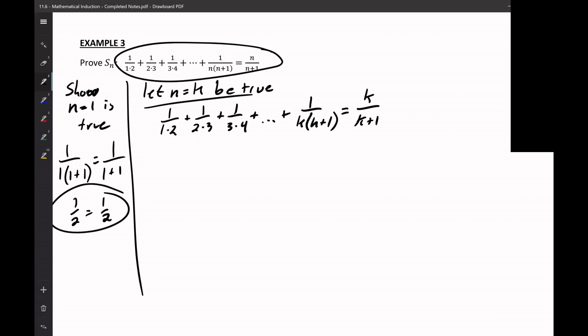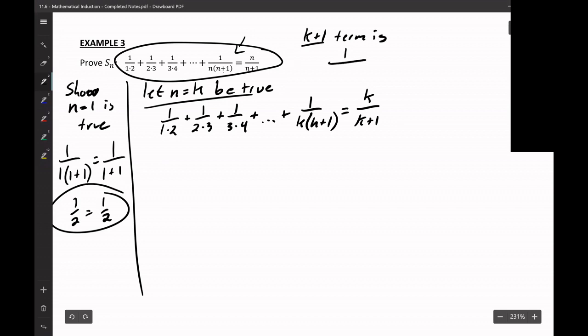Now what we do is we go through and say, if that's true, what happens to this sequence if we add on the k plus 1 term? Well, what is the k plus 1 term? We just plug in k plus 1 for n here.